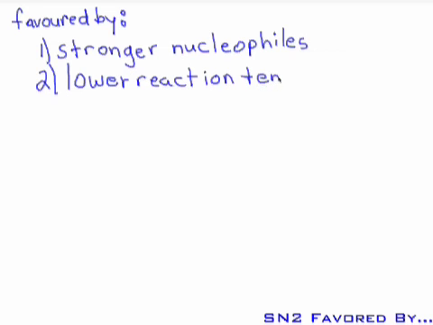The last point to make really depends on how you look at the mechanism. And that is, there's little or no solvent effect. Well, I thought nucleophiles were slowed down in their attack by aprotic solvents. Well, that's true.